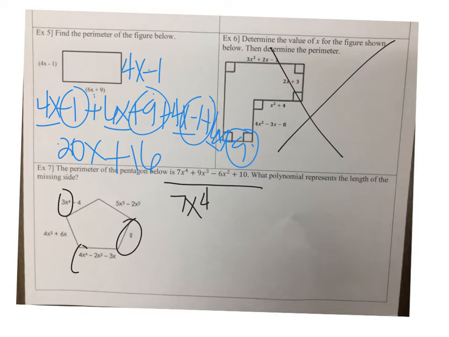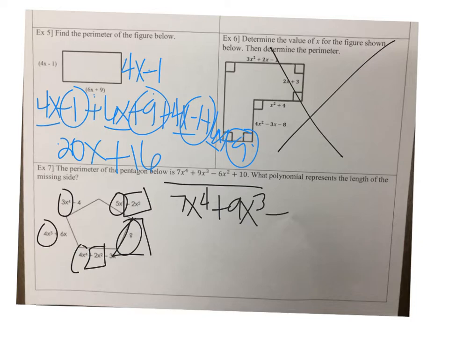Now let's look. We have 9x cubed. So right now we have 5x cubed and a 4x cubed. And that's it. So that's 9x cubed. We don't need any more x cubed for this missing side over here. All right, so how many x squareds do we have? Negative 2x squared, another negative 2x squared.